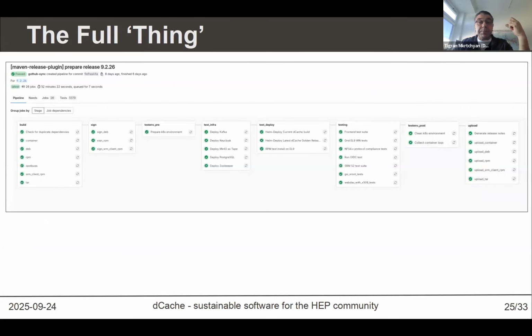So in summary, this full pipeline looks like this. You see, left to right, there are multiple stages. Stages run sequentially, and within a stage, all jobs run in parallel. Different stages have different goals. For example, the build stage just makes sure that we can build the software. Technically it asks: is dCache broken for developers?